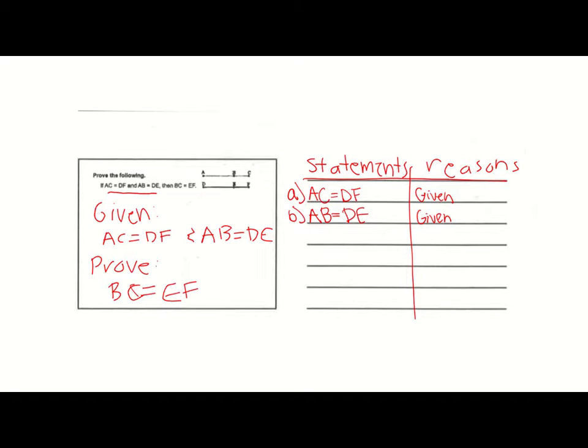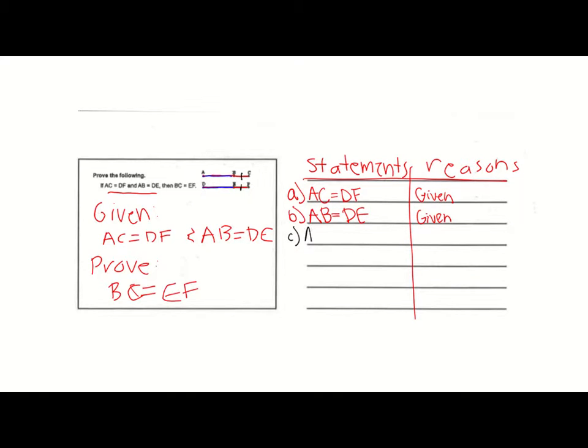Then I need to look and see what I've got. So AC right here, this whole line, is equal to this whole line, and we have AB, this piece is equal to this piece. We want to prove that these two pieces right here are the same. So to do that, we are going to take our AC right here.